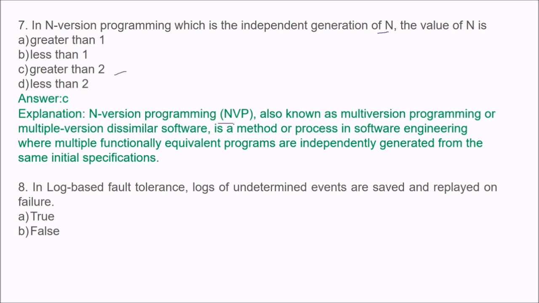It is a process in software engineering where multiple functionally equivalent programs are independently generated from the same initial specification. I hope you got the idea of NVP, N-version programming.